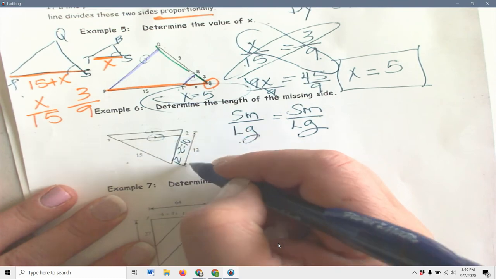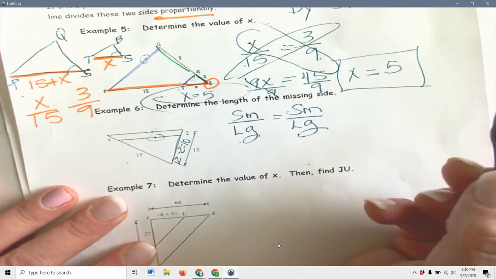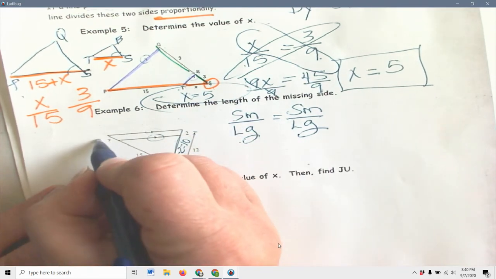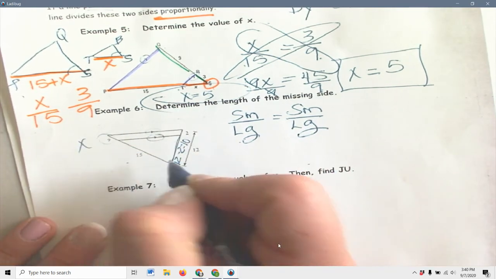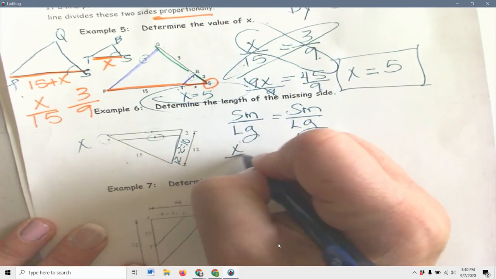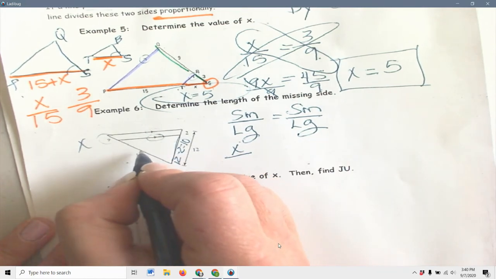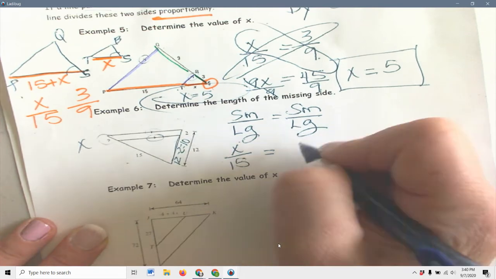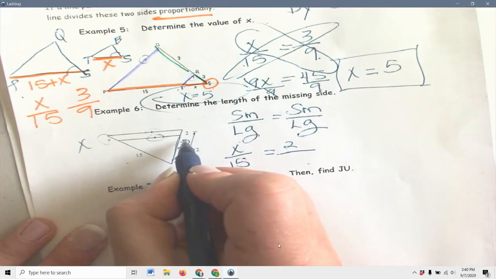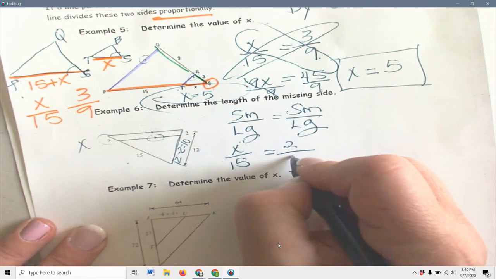It's going to be the whole thing. So we're going to have to subtract. Okay. So this question mark here we're going to call x, or the missing side will be x. And we'll have x over that big piece that it was divided into is going to equal our little piece over, and now this is the big part of it, is 10.